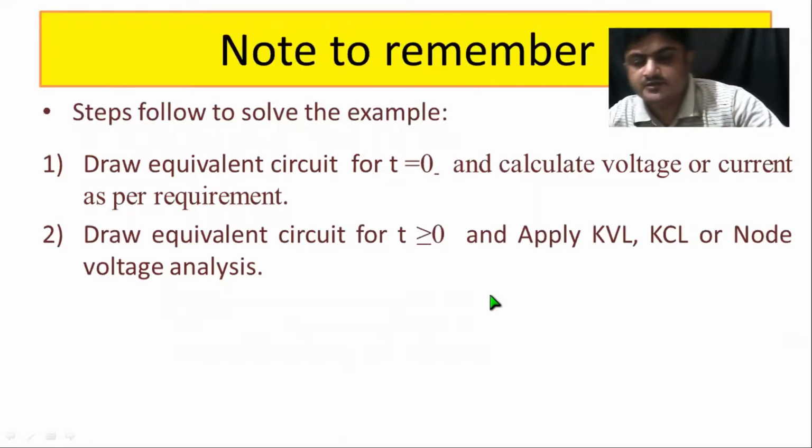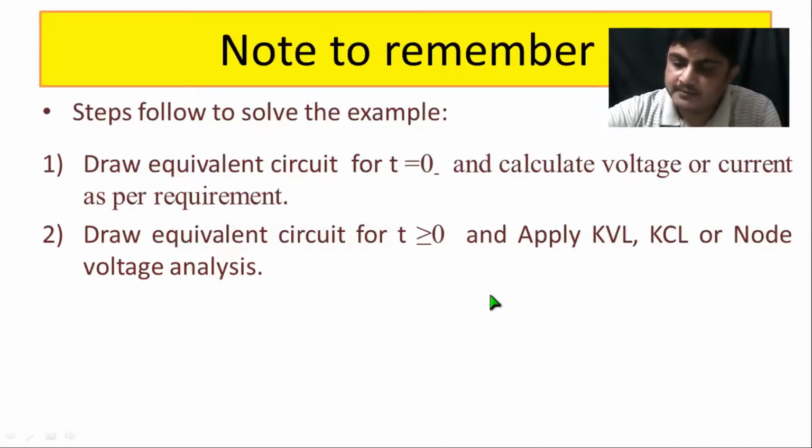After doing this, we will draw the equivalent circuit for t greater than 0, and we will apply KVL, or possibly a combination of KCL and node voltage analysis. If we are asked to calculate the voltage, we apply KCL or a combination of KCL and node voltage analysis. And whenever we need to calculate current, most of the time we apply KVL.